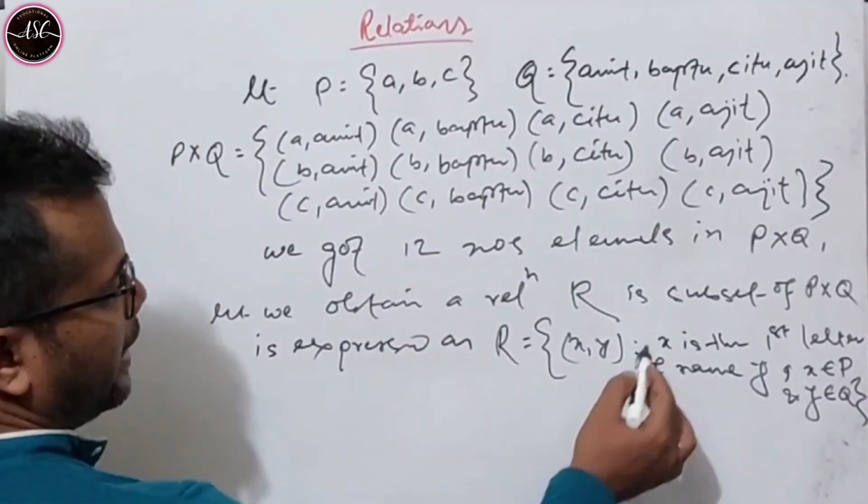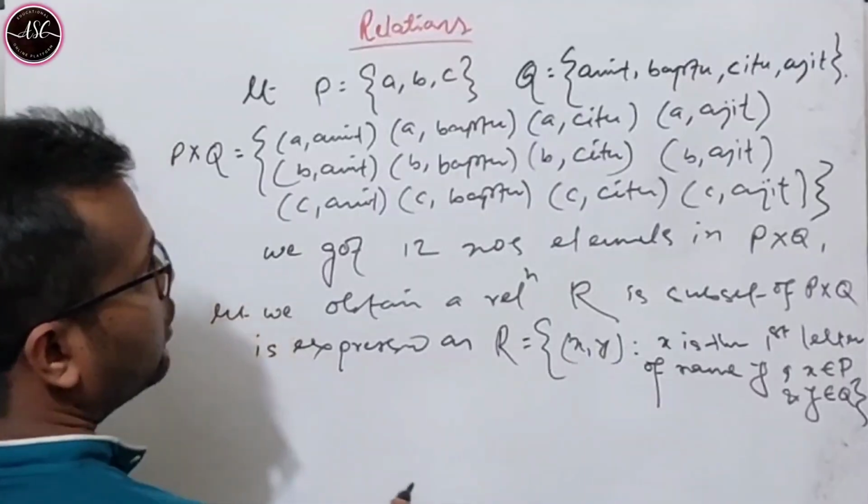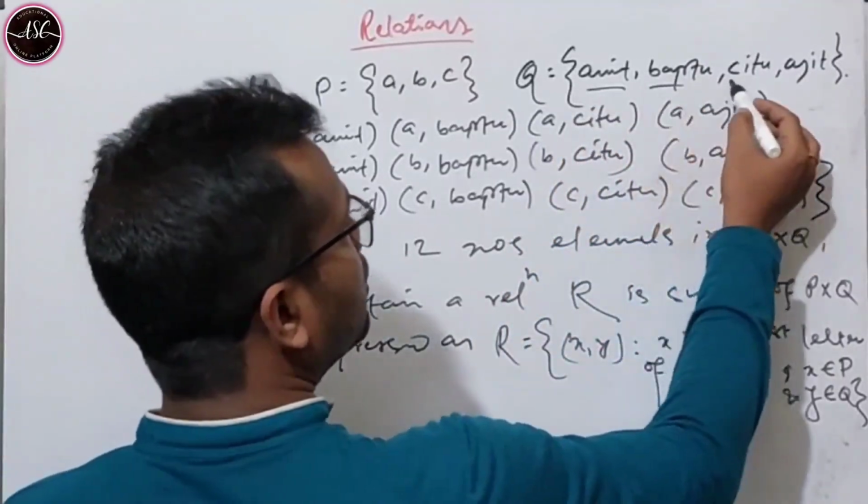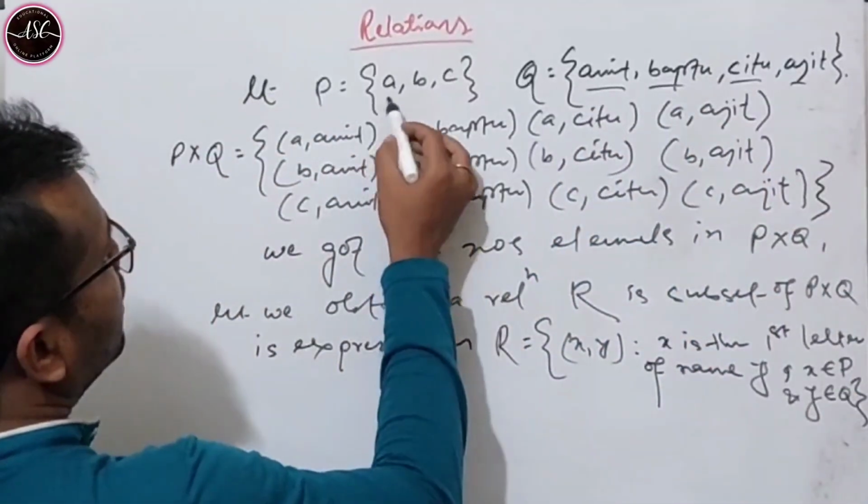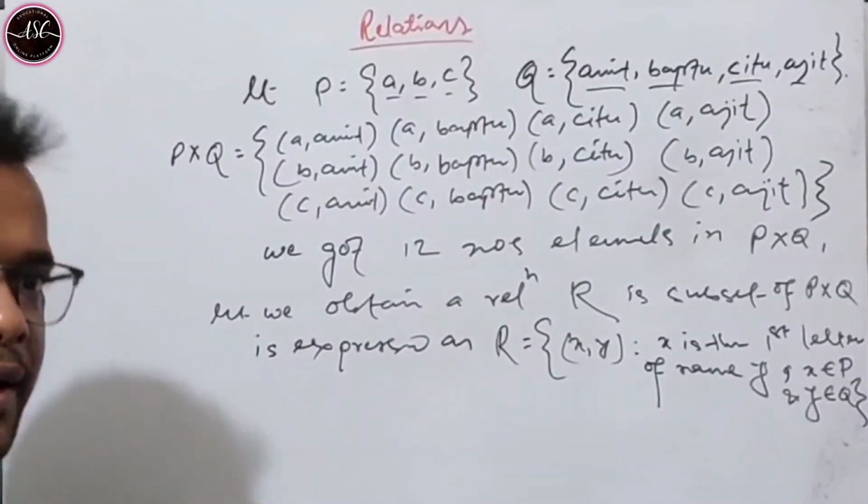In set Q there are 4 names and in set P there are 3 letters.